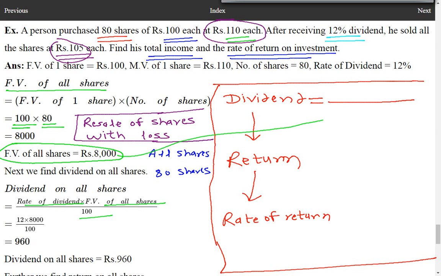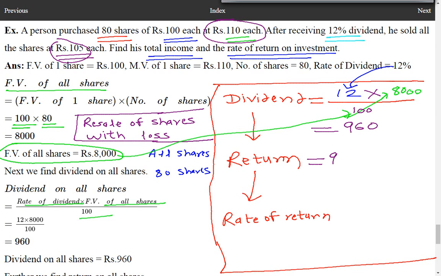Face value of all shares here is 8000. Rate of dividend is given as 12%, so it is 12 into 8000 divided by 100, and this equals 960.